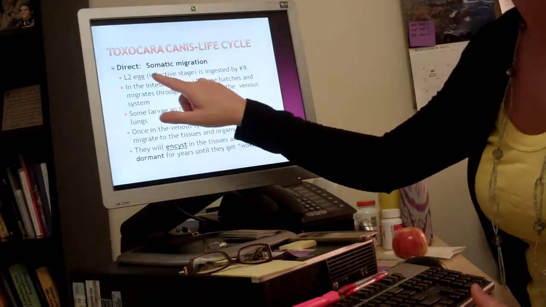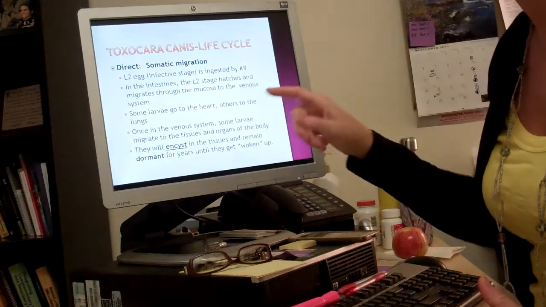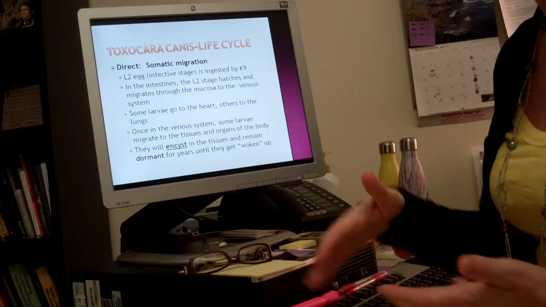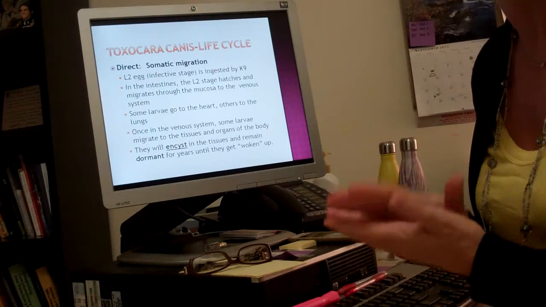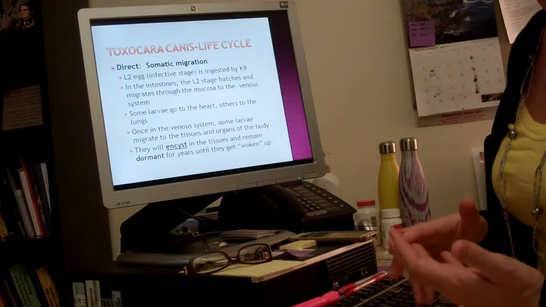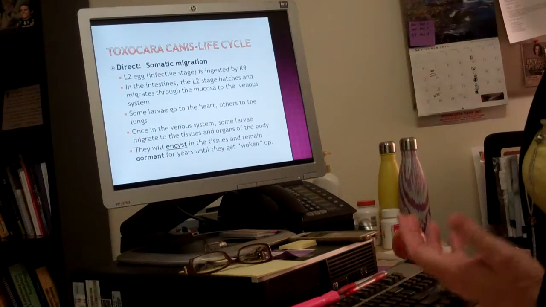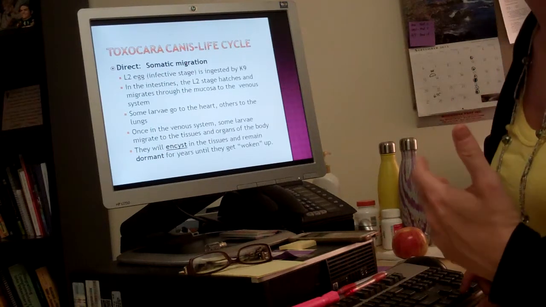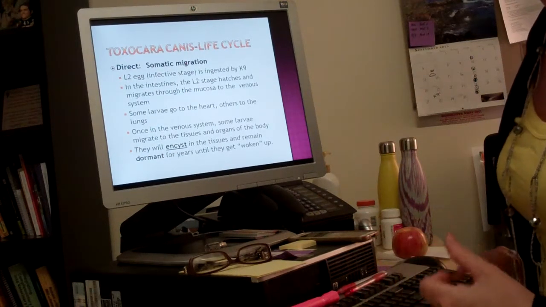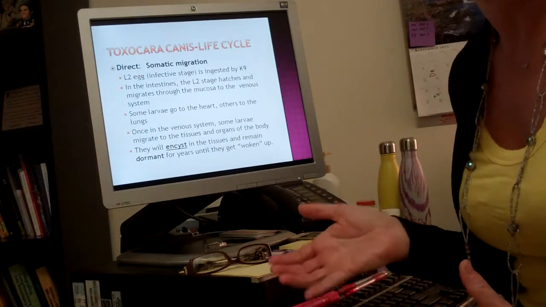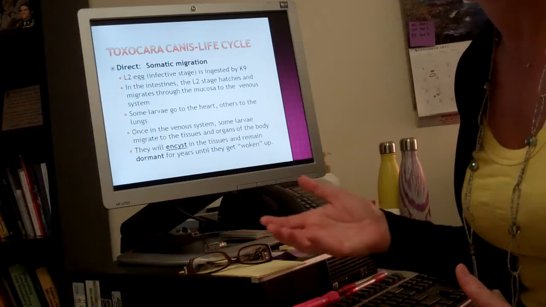This term right here, somatic migration, is also known as arrested development. So their development is arrested. It stops for a period of time. Now, the only thing that is going to wake them up are the hormones associated with pregnancy. So let's say you have some larva that got lost in Phoebe, my beautiful female basset hound.